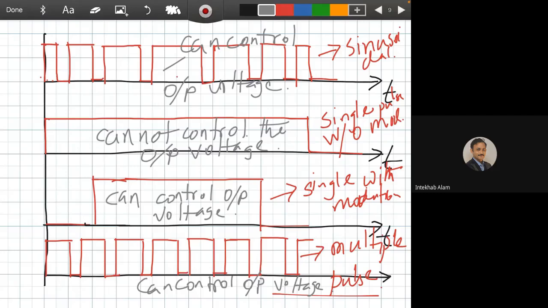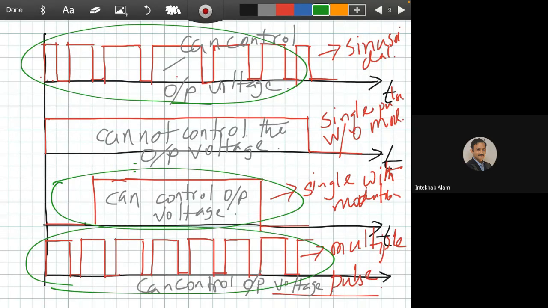Okay. Is it okay with you? Can you mark the differences among these modulation techniques? Okay, so we need these three to control the output voltage.